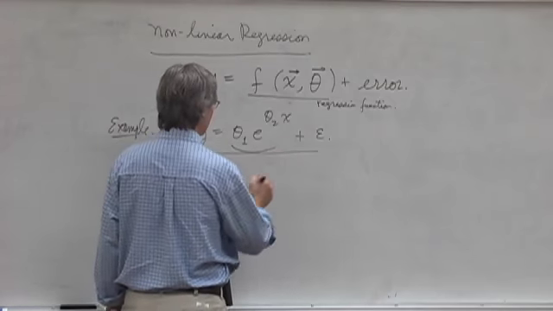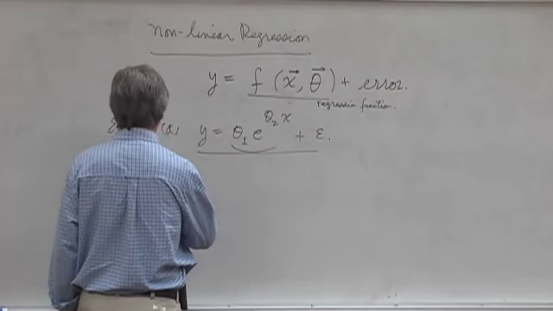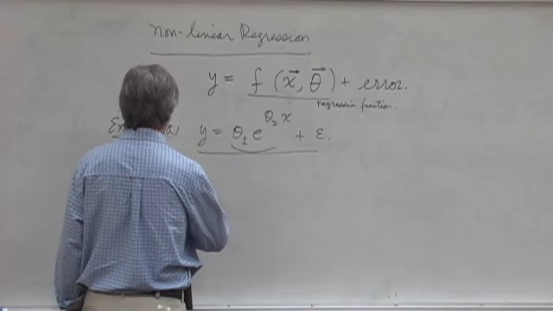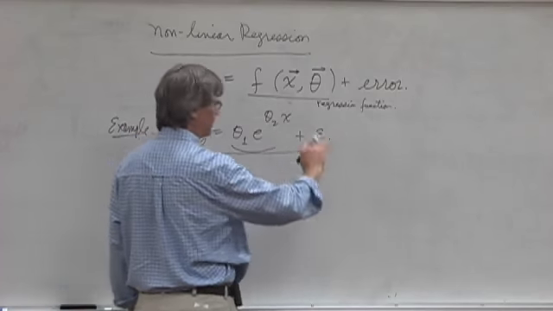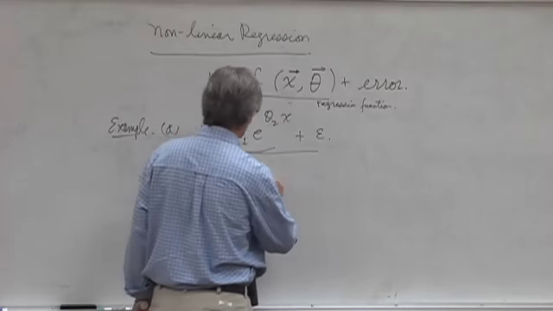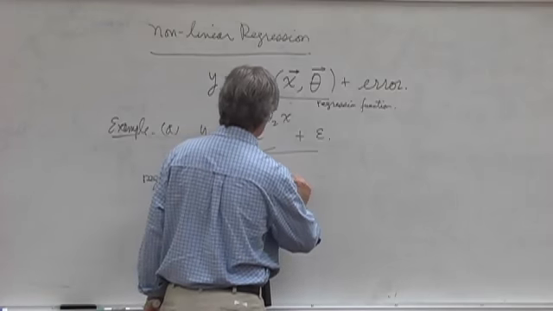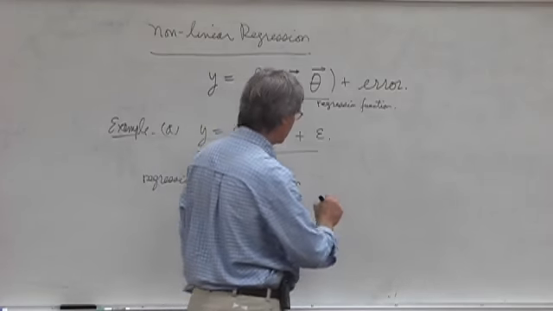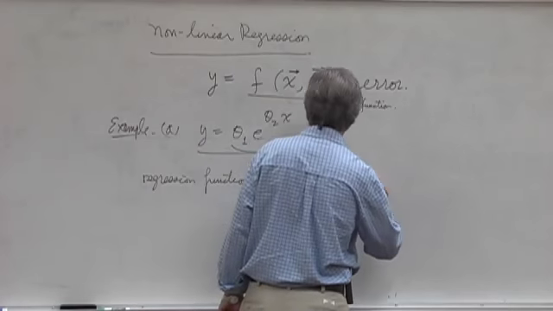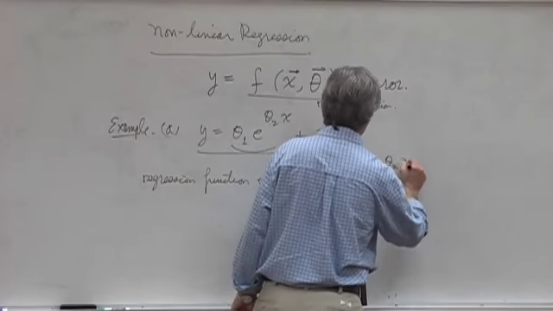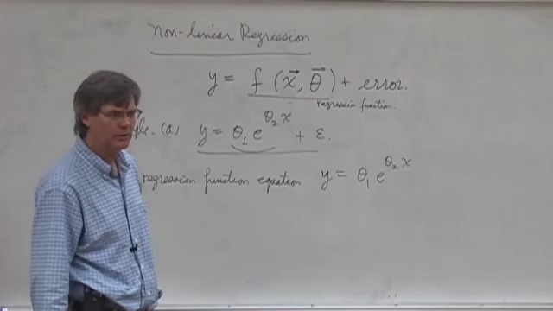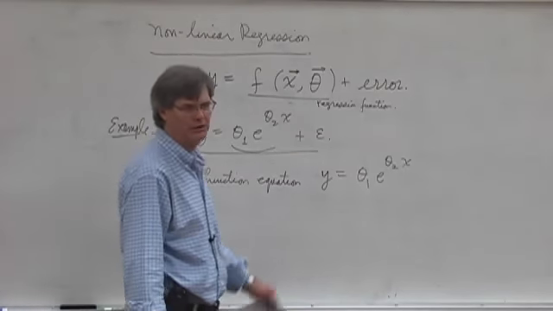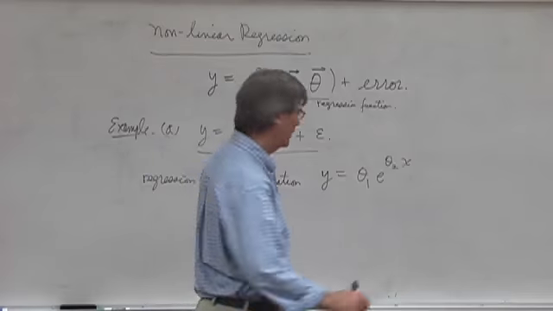If I actually write the regression function equation, you might just say, well, just drop that little epsilon. Who cares about that, right? Let's just drop that little epsilon in the regression equation approach and just say y equals theta 1 e to the theta 2x. Then this is not linear in theta 1 or theta 2 either, but I can transform that equation to be linear in theta 1 and theta 2 as follows.